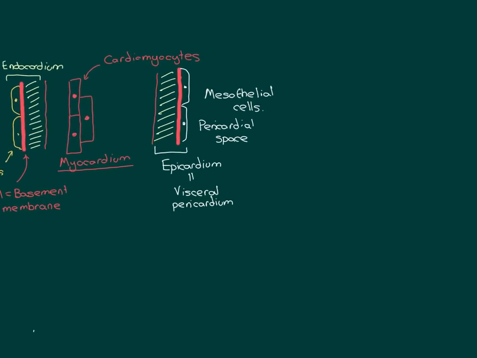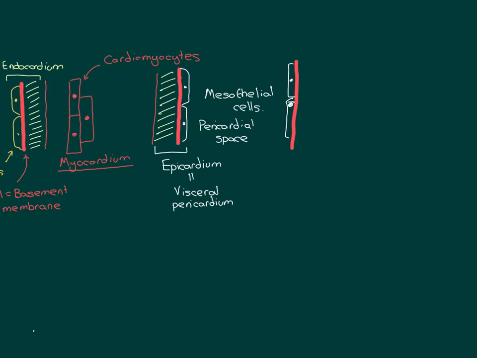And then what you'd have is the parietal pericardium, which would consist again of a basement membrane, like so, with mesothelial cells here. So here's a mesothelial cell, here's another mesothelial cell, turn that into the nucleus, etc.